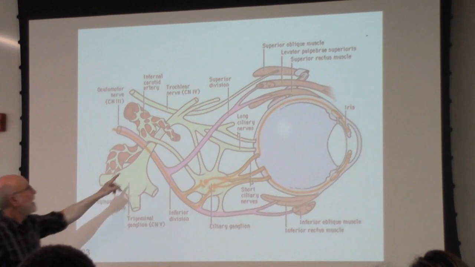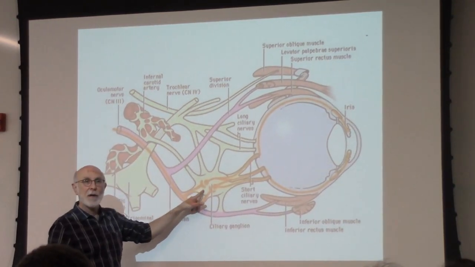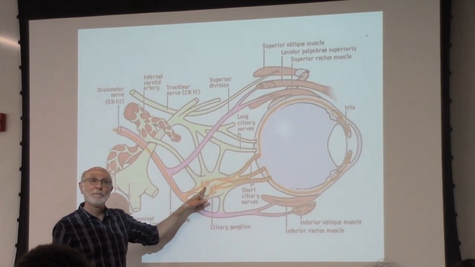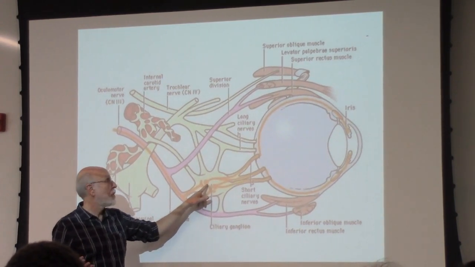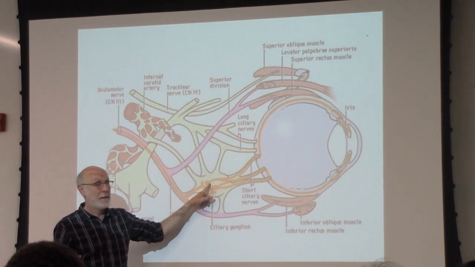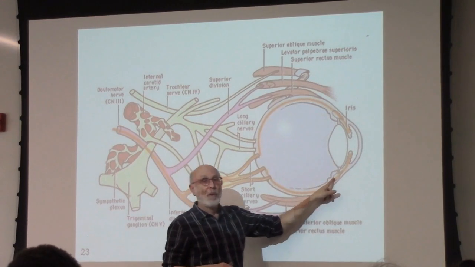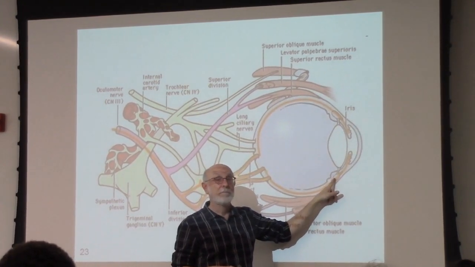Anyway, here is another nerve from the oculomotor nerve innervating this ganglion. What neurotransmitter is released here? Acetylcholine. What type of receptor is here? Nicotinic. This should start to sound familiar. What neurotransmitter is released here?